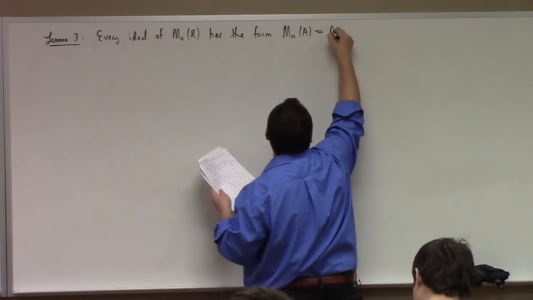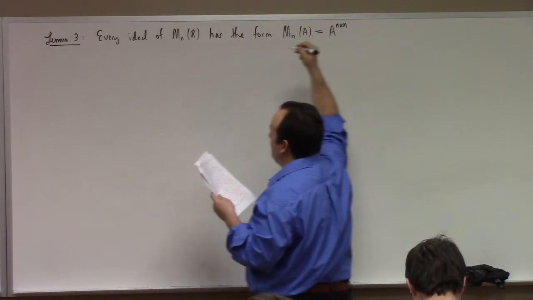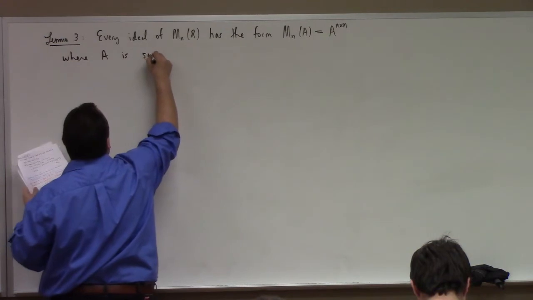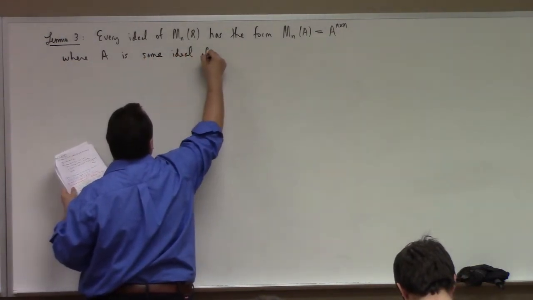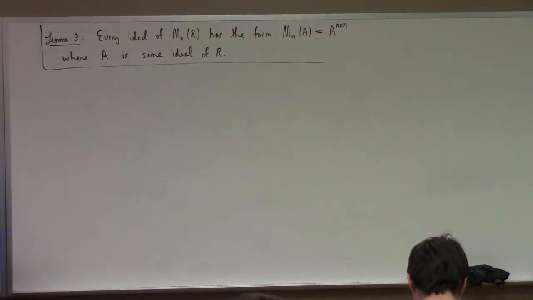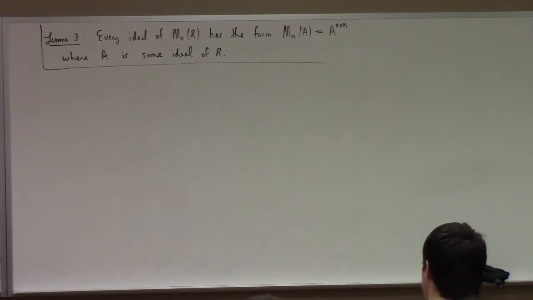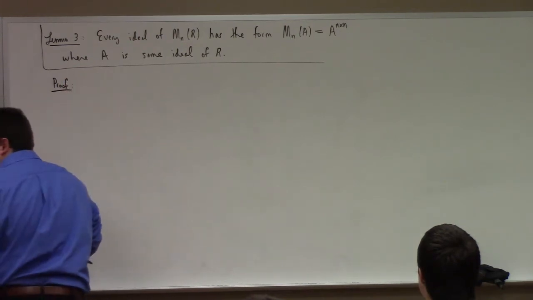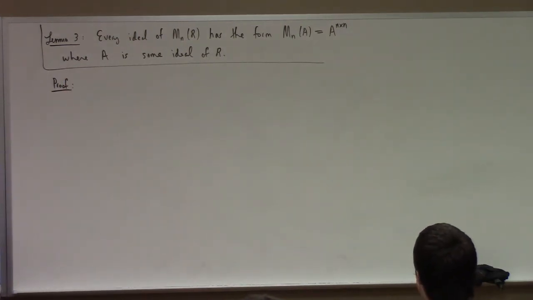In other words, it's n by n matrices over A, where A is some ideal of the ring. So it's saying that the ideals of the matrix ring are nothing more than matrices formed over the ideal of the ring itself. Who could hope for anything better than this? I mean, it's a wonderful result. The construction is a little bit mystifying, but I'll go through it with you, because I was very annoyed with myself for not recognizing the proof when I saw it the first time.